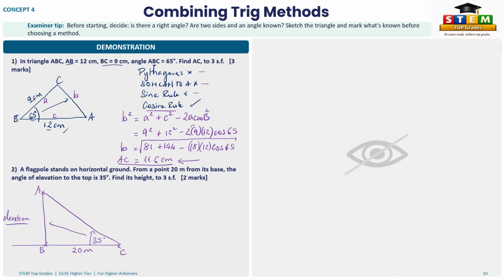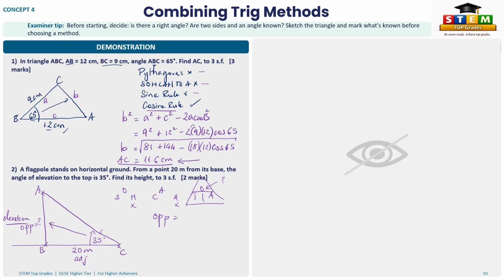Now just find its height. So we're looking for this, which is just the opposite. We got the opposite to look for, and that is the adjacent, and that can be sine, cos, tan from a calculator. So if you remember SOHCAHTOA, the one we have not mentioned anything about is the hypotenuse. So in that case, let's look for TOA. And what are we looking for then? Opposite. So opposite is going to be the subject.